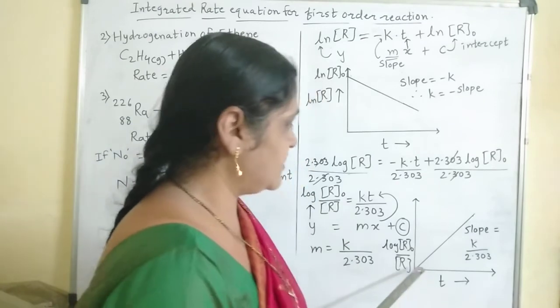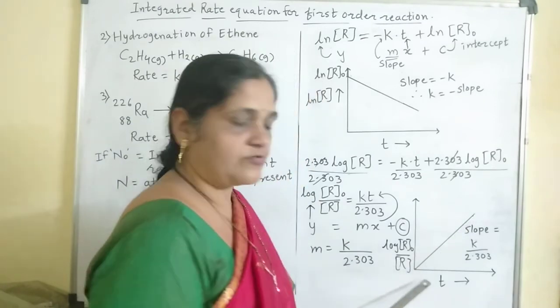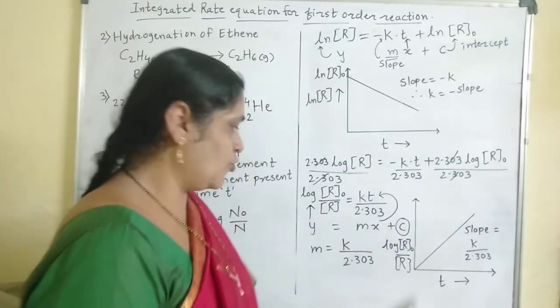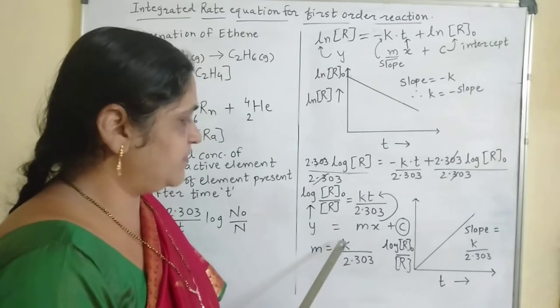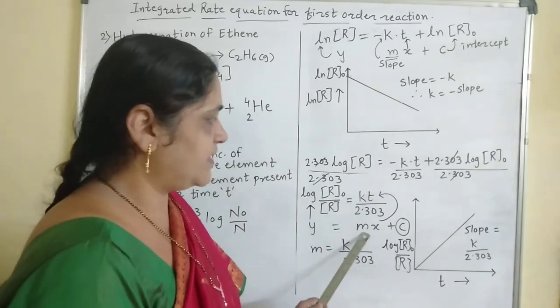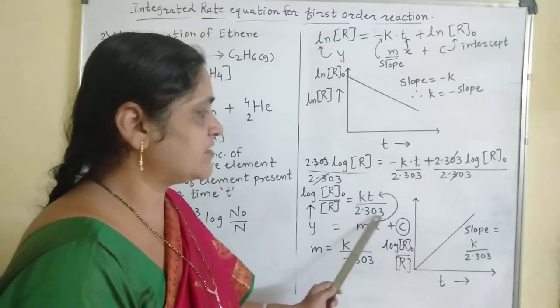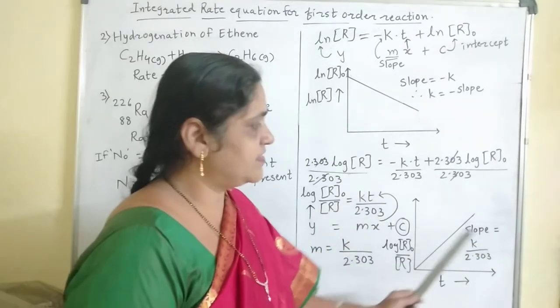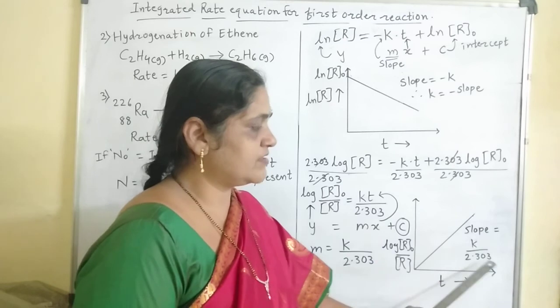The slope, which is equal to m, will be k upon 2.303. Here I have compared this, and that time the m value will be k upon 2.303. So the slope of this graph will be k upon 2.303.